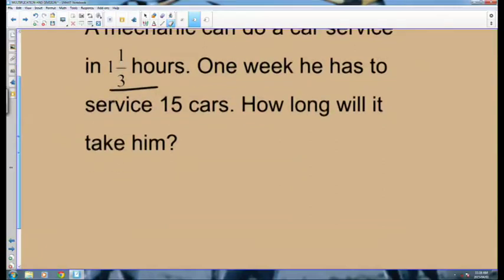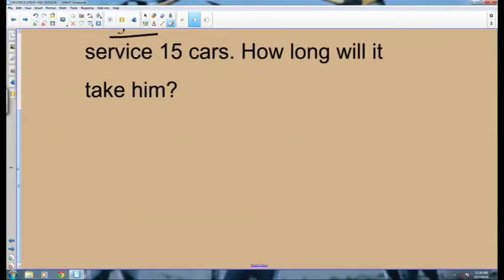Let us work it out. It's 1 1/3 hours times the number of cars. Now how many cars do we have? It's 15. So we are multiplying a fraction, which in this case is in the form of a mixed number, by a whole number.